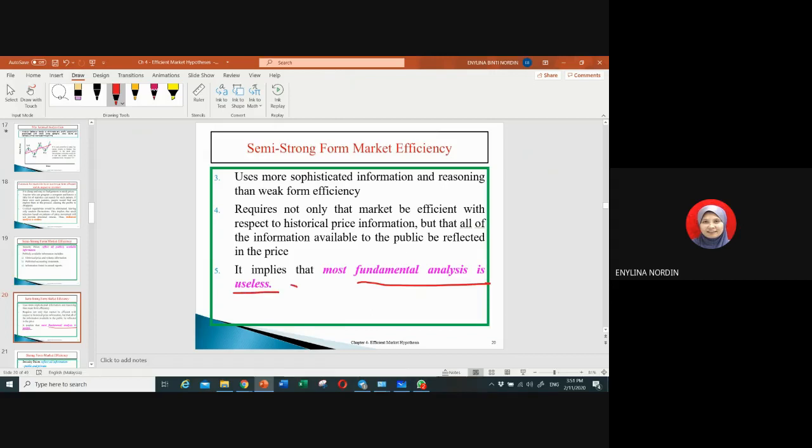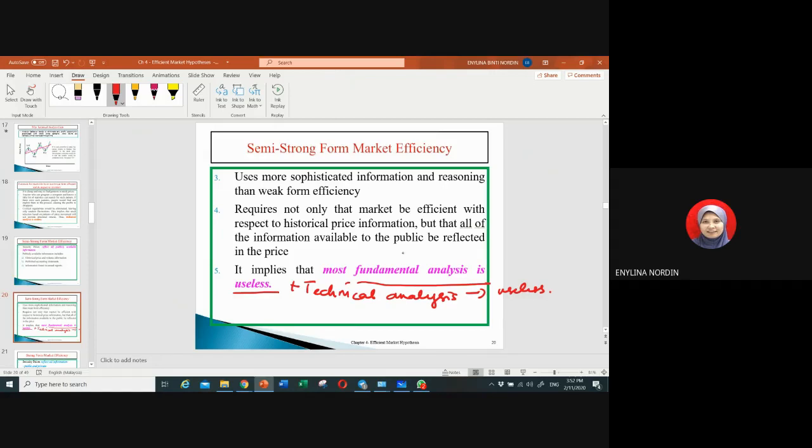Plus technical analysis also becomes useless. Both analyses become useless to the investors if the market is in the semi-strong form.